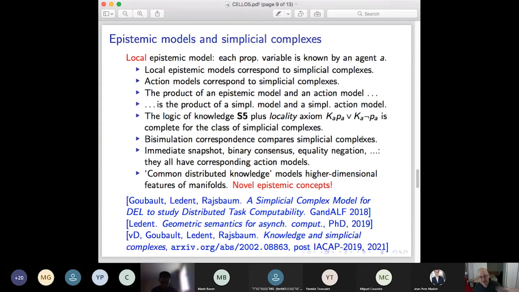And you can do other things such as define bisimulation, show the Hennessy-Milner property, bisimulation correspondence, then model all kinds of distributed computing phenomena as action models: immediate snapshot, binary consensus, equality negation, and you can even conceive of novel epistemic features, like something that one might call common distributed knowledge.